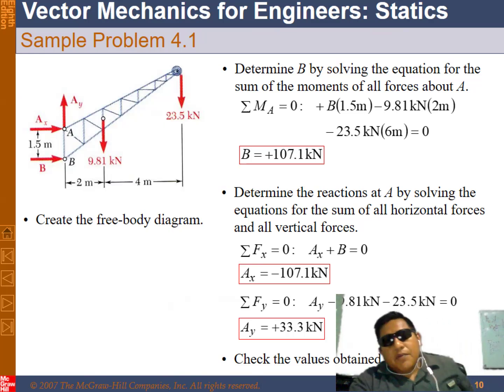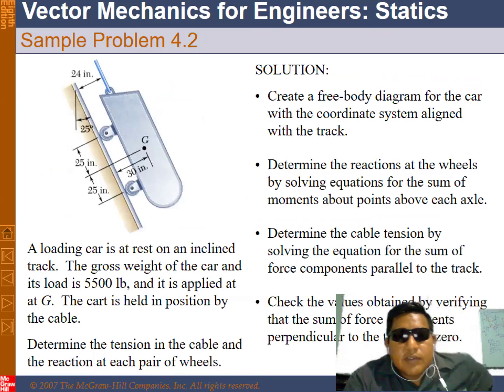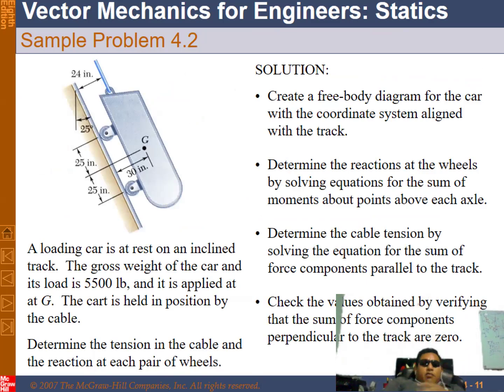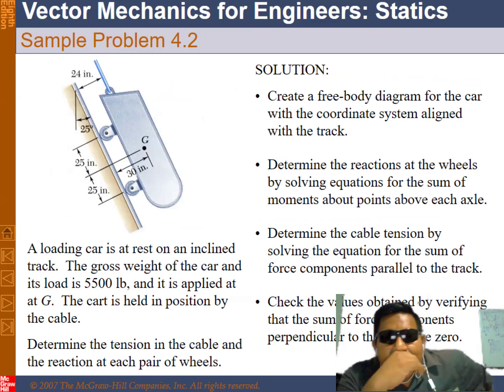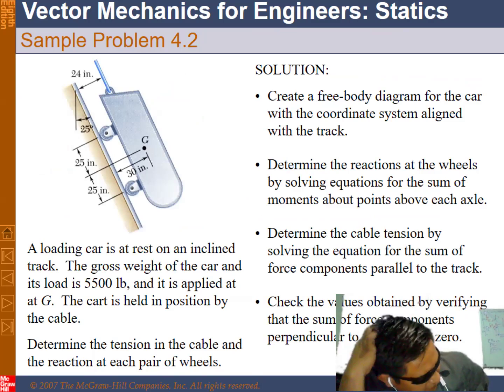Check the values and review. Review for the next class. It's the class for today. In the next class you can analyze these figures. It's problem 4.2. Students, you can check the figure and work out the exercise.